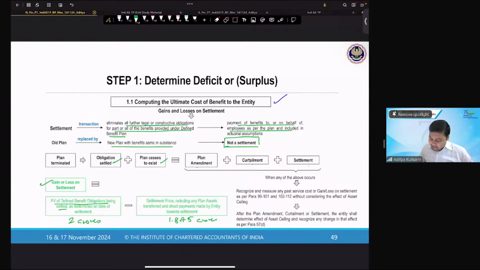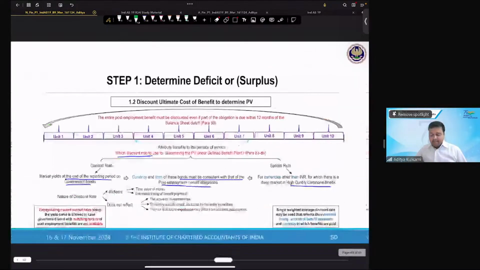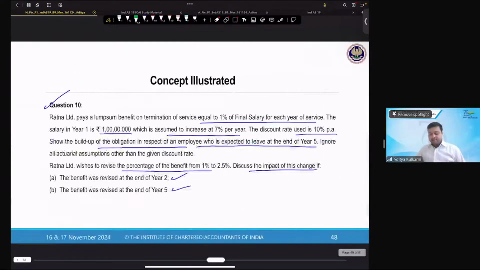So recognize and measure any past service cost or gains or loss on settlement without considering effect of asset ceiling. So straight away you record it. After the plan curtailment, amendment or settlement, determine the effect of asset ceiling and recognize any change in that regard. Okay, so that is what you are going to do. Okay, so that takes care of gains and losses on settlement.